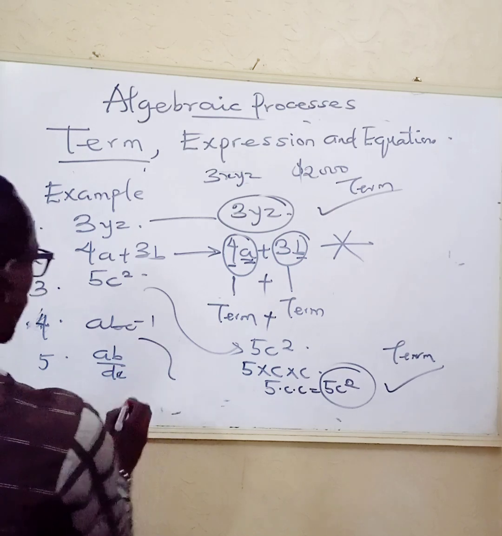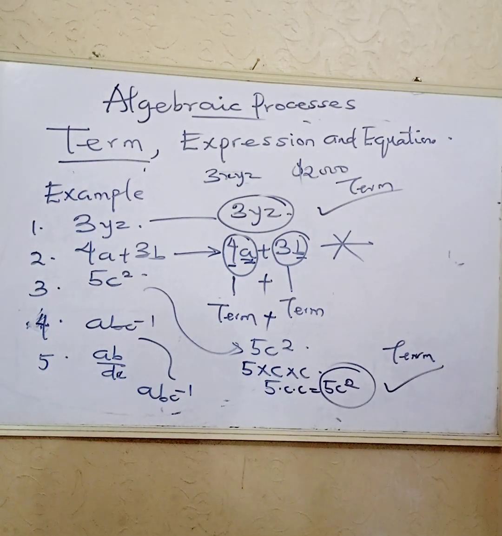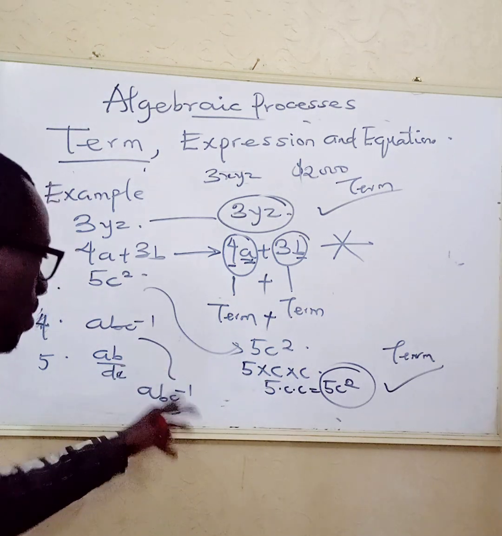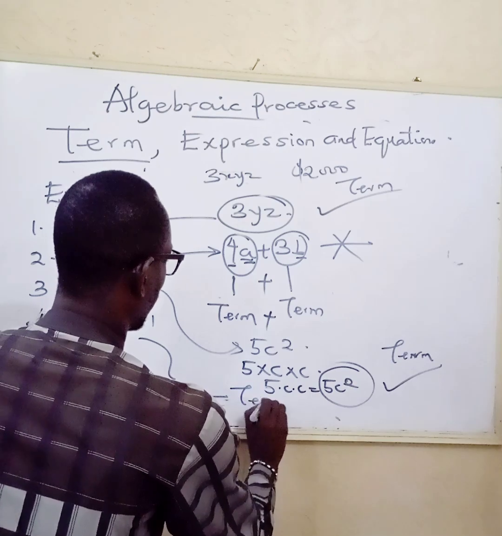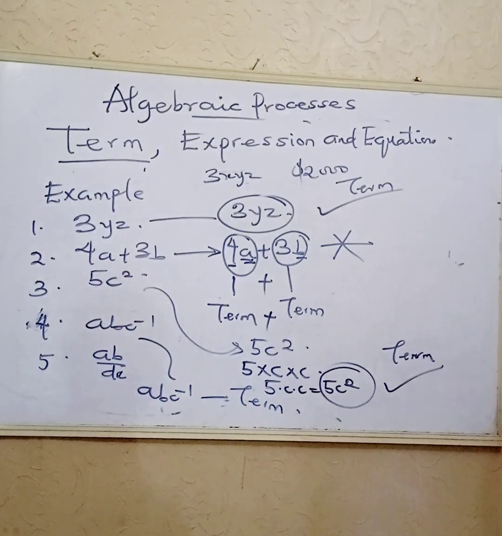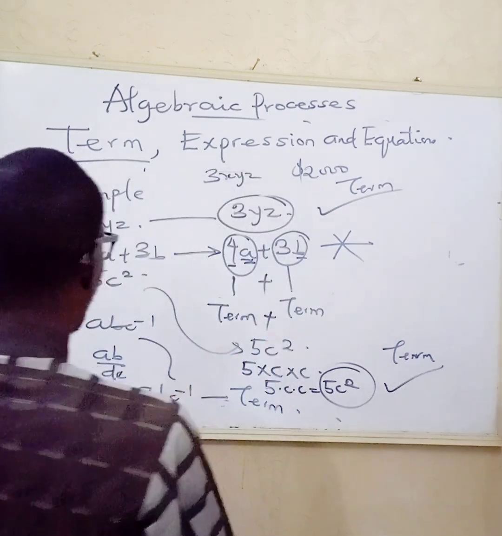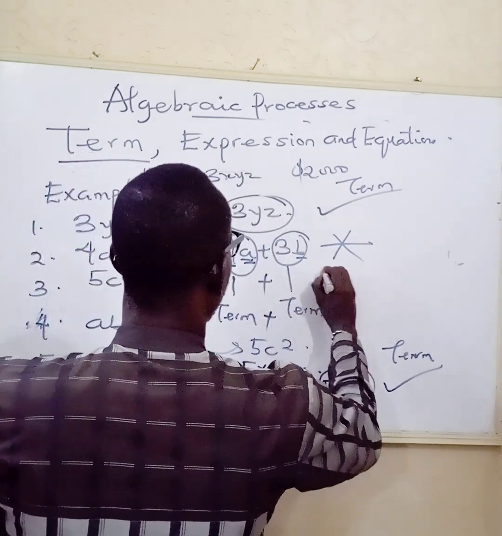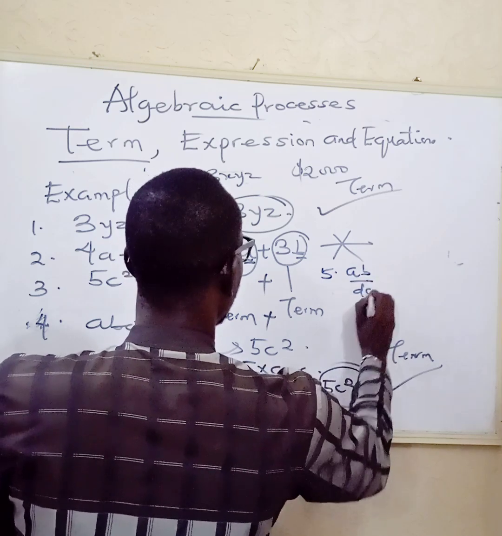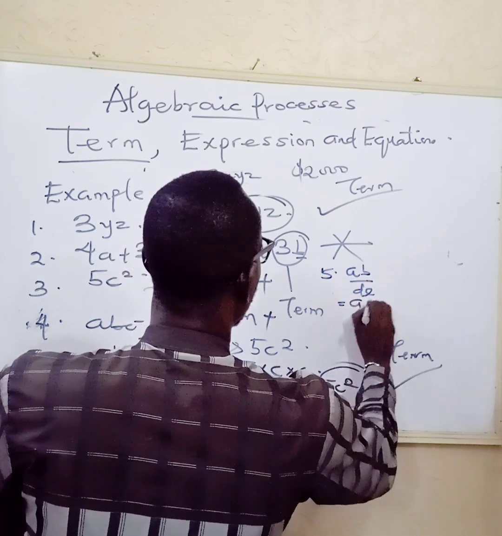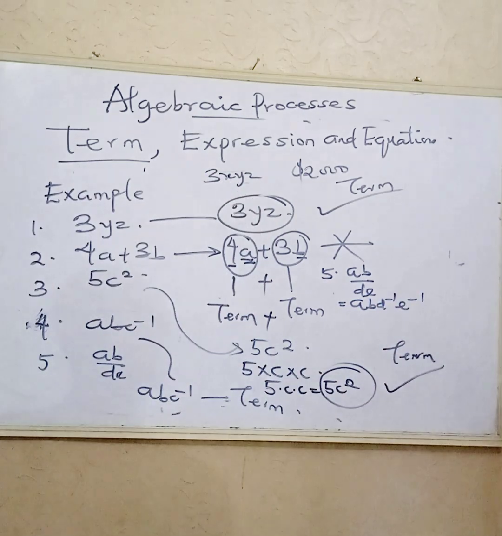And the fourth one here, we have abc raised to power minus 1. Because it is under the operator multiplication, it automatically gives what we call a term. And the fifth one here is ab all over de. This gives us ab d raised to power minus 1, e raised to power minus 1.